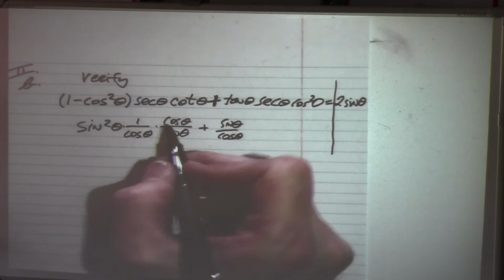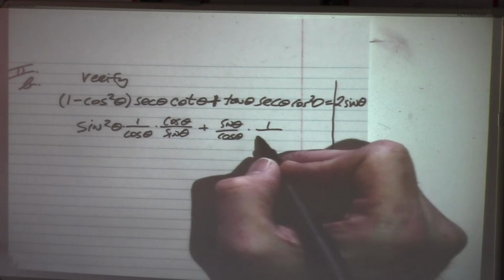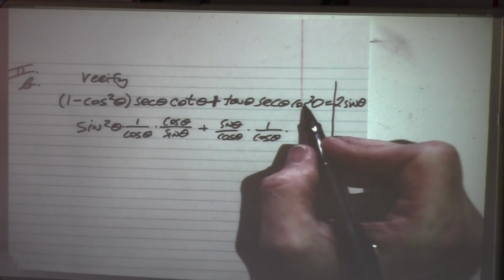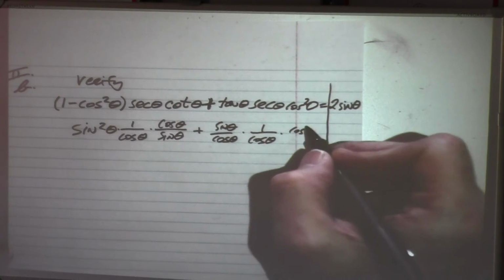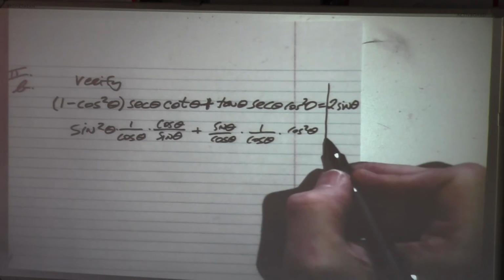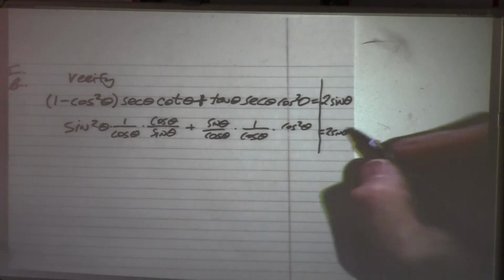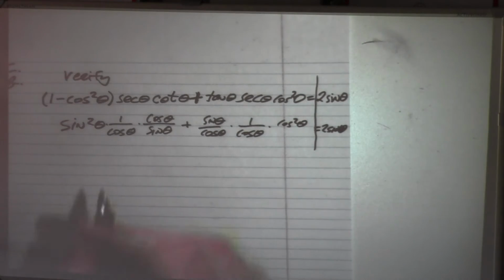Oh well, looks like we'll be able to do that in a minute. Secant is 1 over cosine again, and cosine squared is still cosine squared. Might as well just leave it. And that's still equal to 2 sine theta. Sorry, I'm writing that so small. I didn't leave myself quite enough space there.